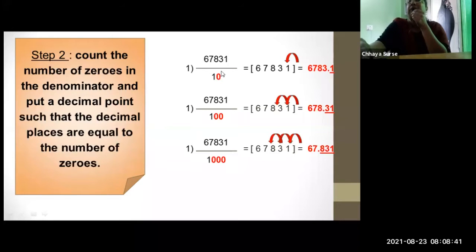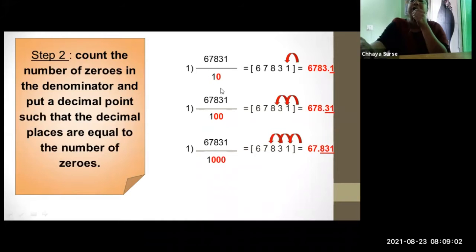Now this is the common fraction. Which type of fraction is it? Yes, this is the common fraction.